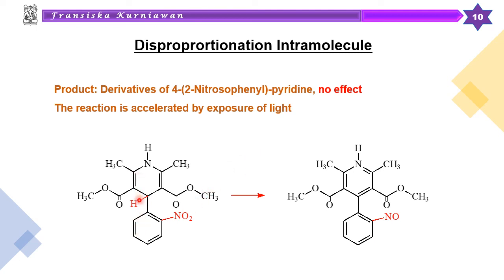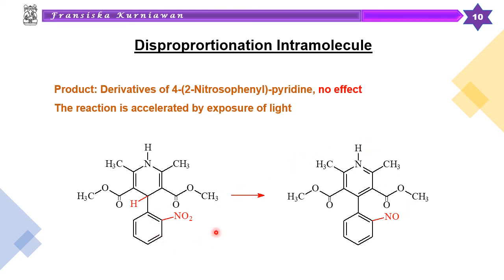If this compound is exposed to light, it can make some reactions inside its molecule. Without reacting with other molecules, the nitro group will be reduced into a nitroso group. So the name is 4,2-nitrosophenylpyridine. This is the structure.